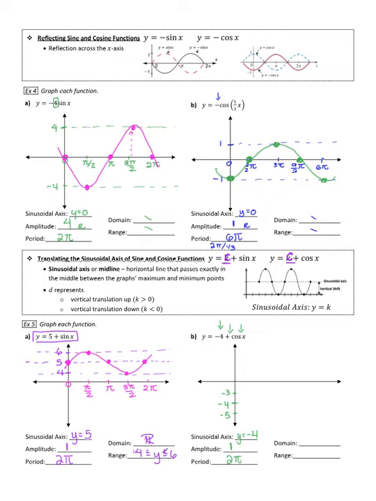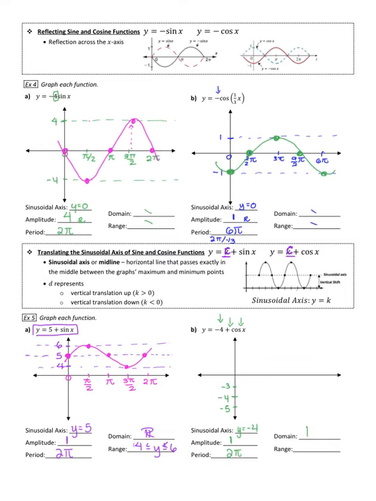So I can see my domain is still all real. And you can see that this is going to now fall between -3 and -5. And so let's put our graph in there. What color do we want? So this is a cosine. Cosine starts high.